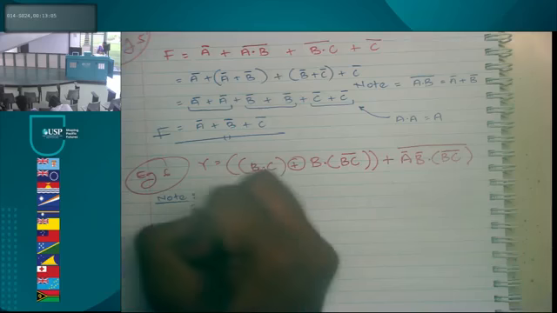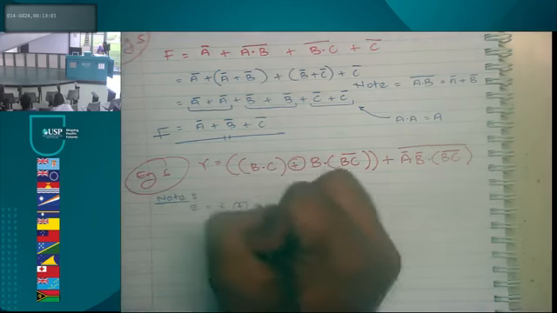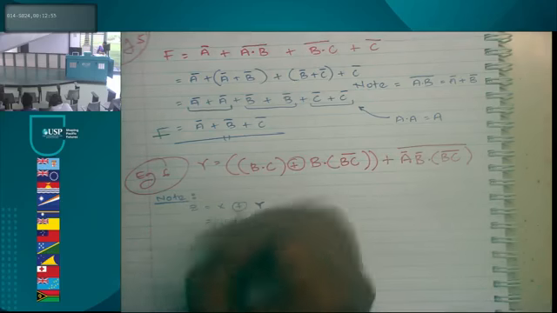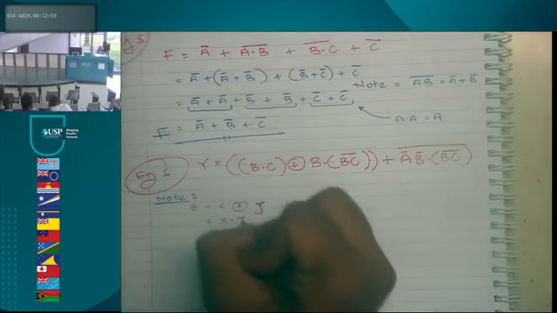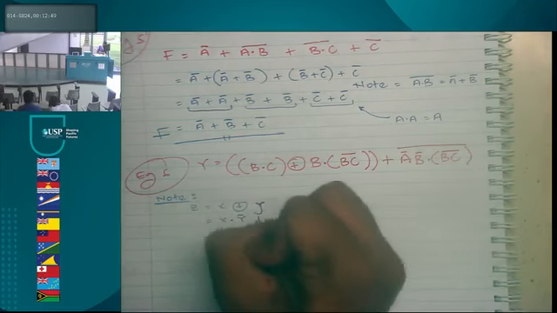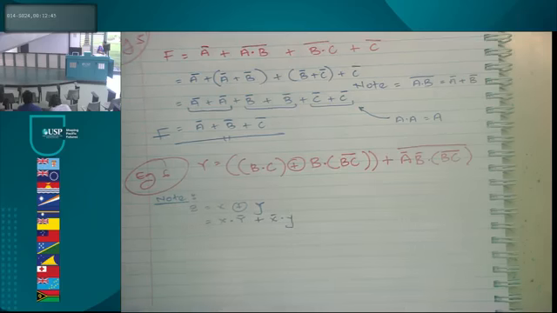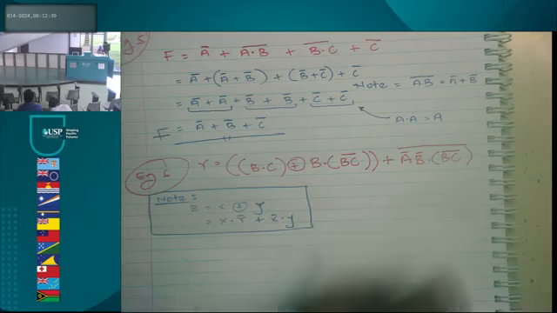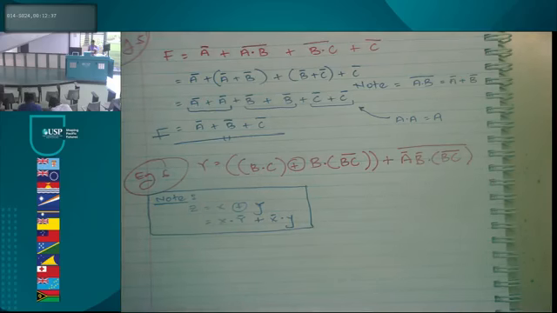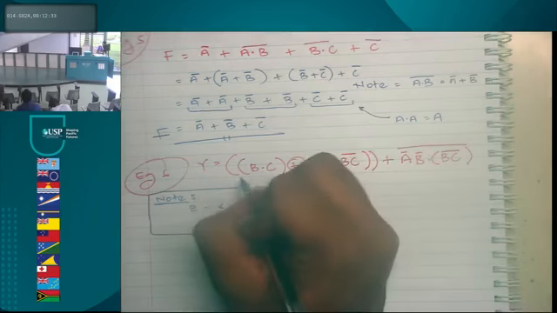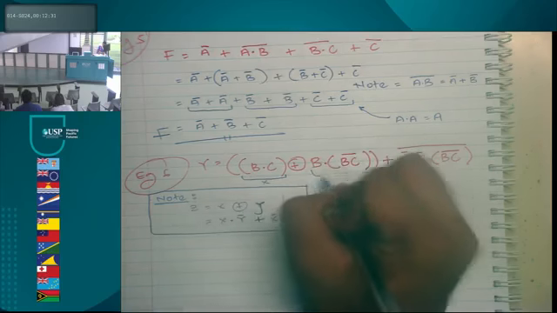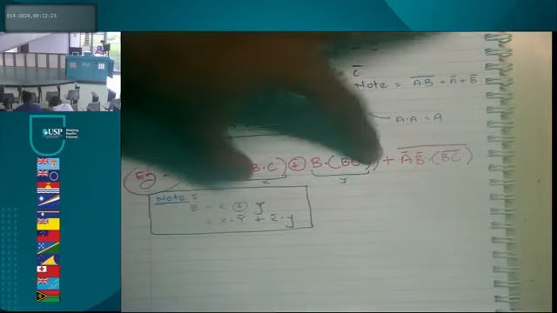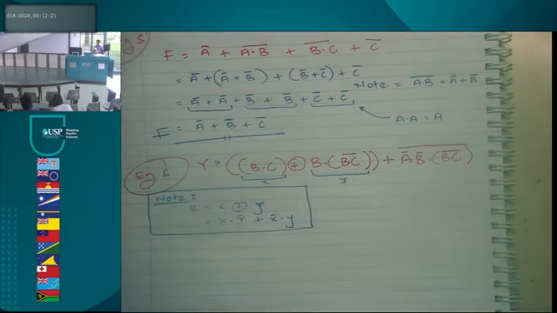XOR is basically something written like this, X and Y. You can also denote it as X Y bar or X bar Y. Now in this case, we're going to place this as X and this as Y. Let's first break this down, and then we'll move on to this one.